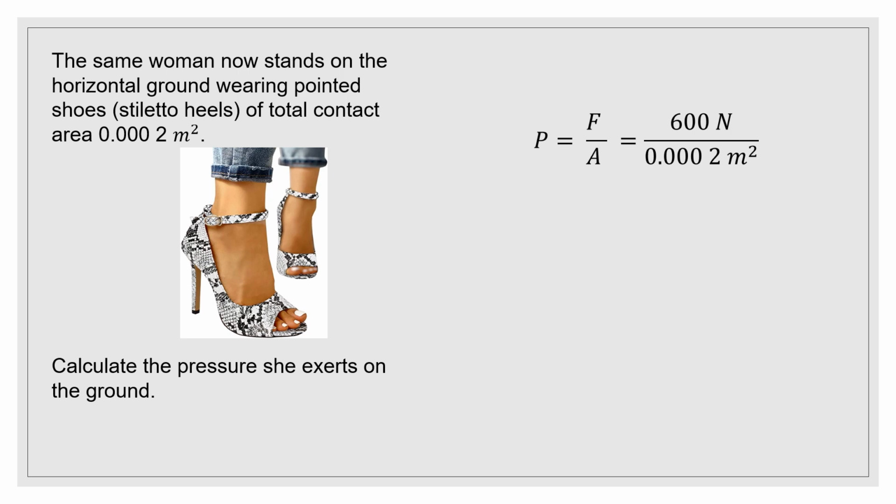The weight is still the same, 600 newtons. Pressure is equal to force divided by area is equal to 600 divided by 0.0002 meters squared. And this gives 3 million newtons per meter squared or 3 million Pascal.